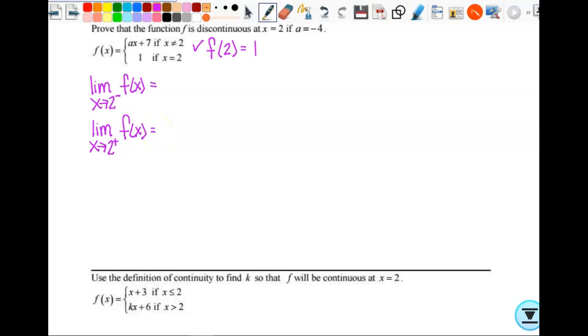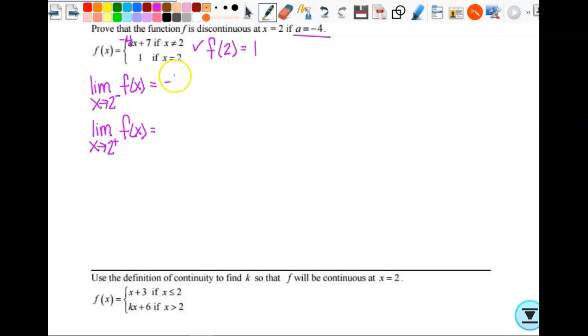Okay? And so we have an a and an x in there, but it says a equals negative 4. So I can just put that in there, right? Basically, this changes to negative 4 right there where the a is. So when I do it from the left, I'm going to substitute in 2 to here, right?